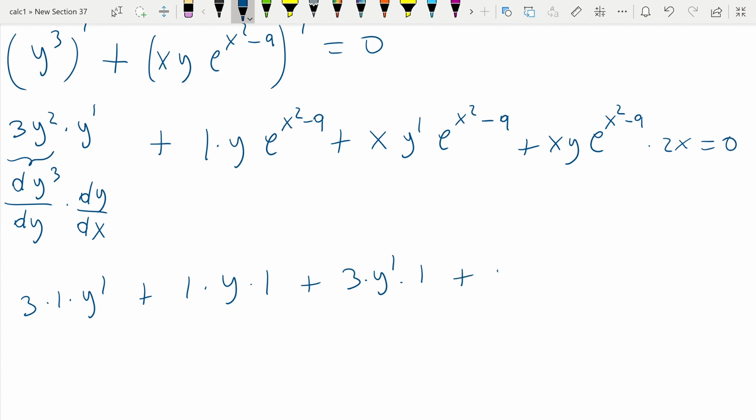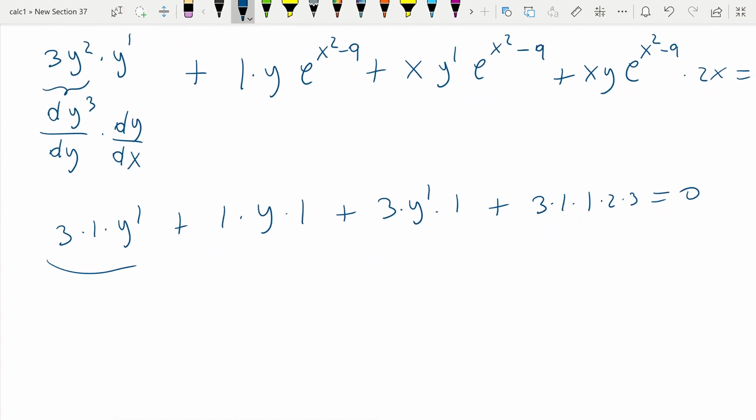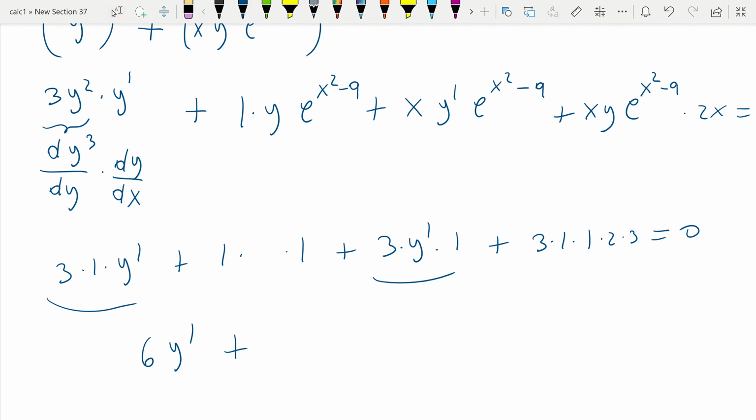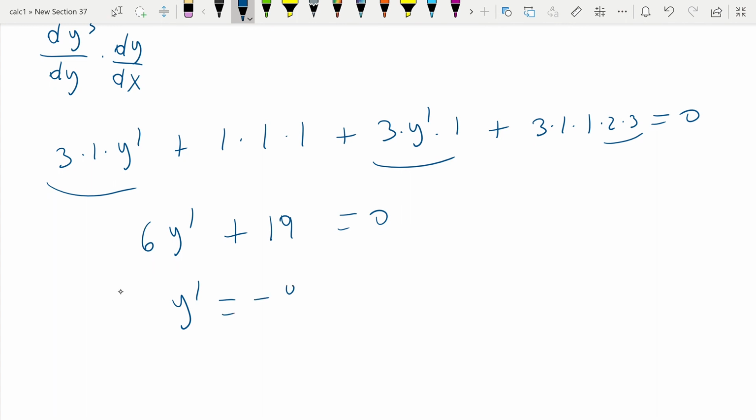And then plus 3 times 1 times, again, 1 times 2x, which is 2 times 3. And that whole thing should be equal to 0. So we get 6y prime plus y, remember y is equal to 1, just 1. Here we have 6, 18, so 19 is equal to 0. So y prime is equal to minus 19 over 6.